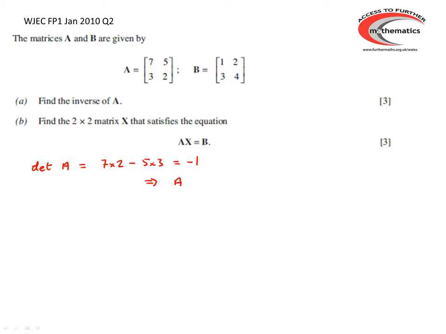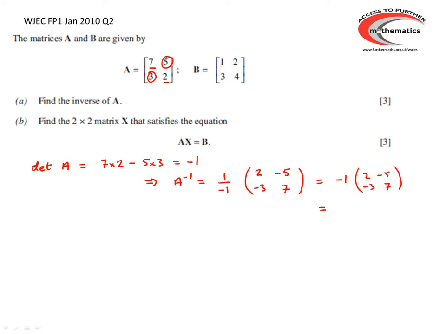The inverse of A then is 1 over the determinant times by the matrix obtained by swapping the 2 entries on the leading diagonal, so the 2 and the 7 switch places, and then changing the sign of the 2 entries on the second diagonal, so that's minus 5 and minus 3. 1 over minus 1 is just minus 1, times by 2, minus 5, minus 3, 7.